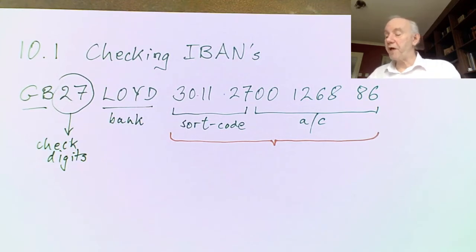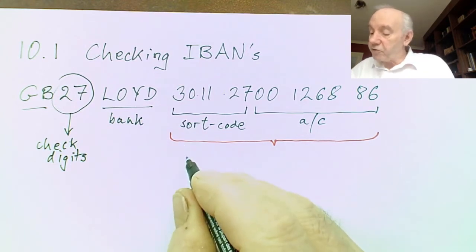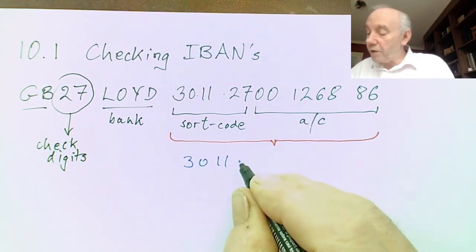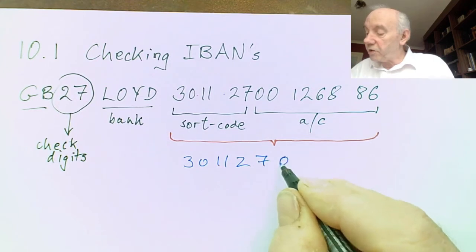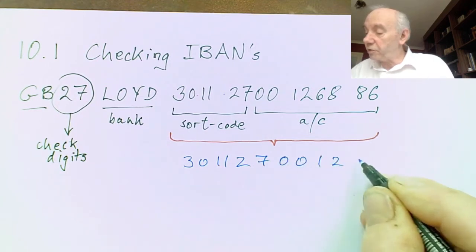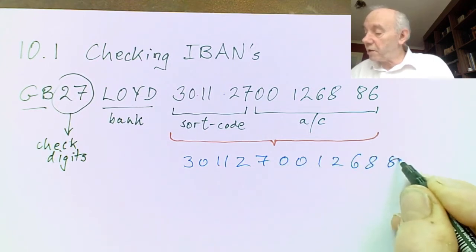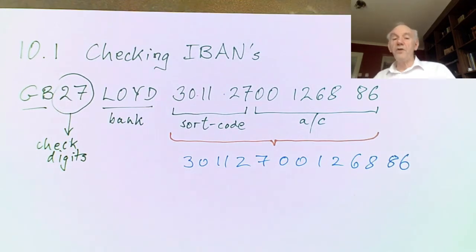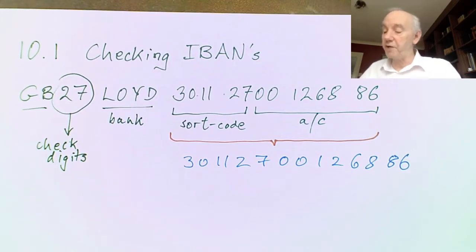So what you do here is, let's first of all copy down the characters here. The numbers are 30112700126886. And these are weighted by certain coefficients. This sort of system is also explained in more detail in the notes.